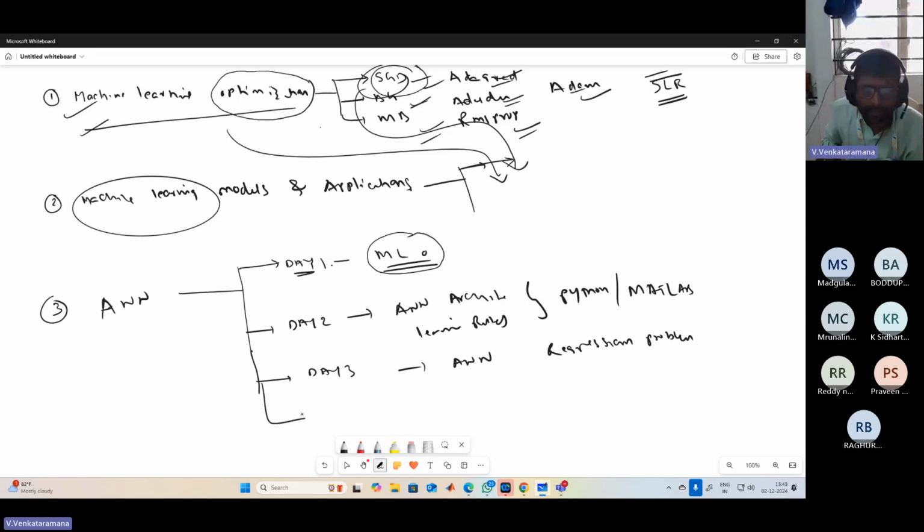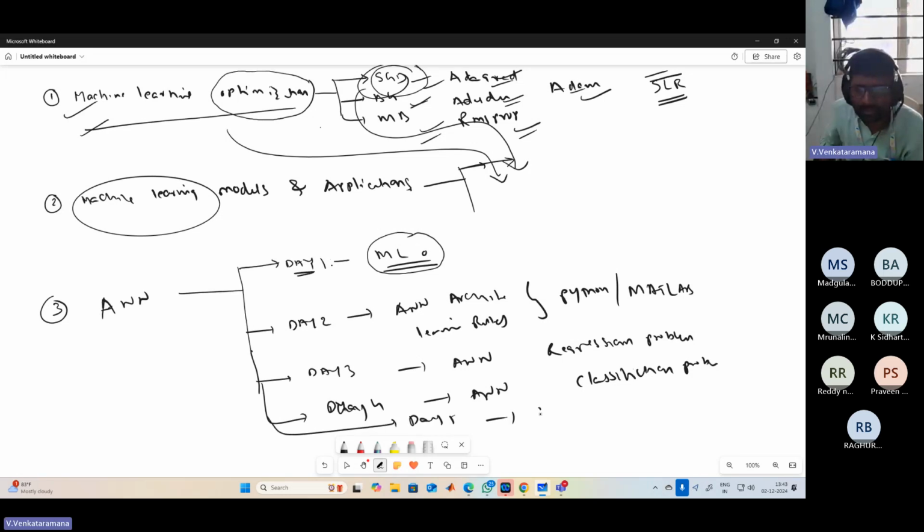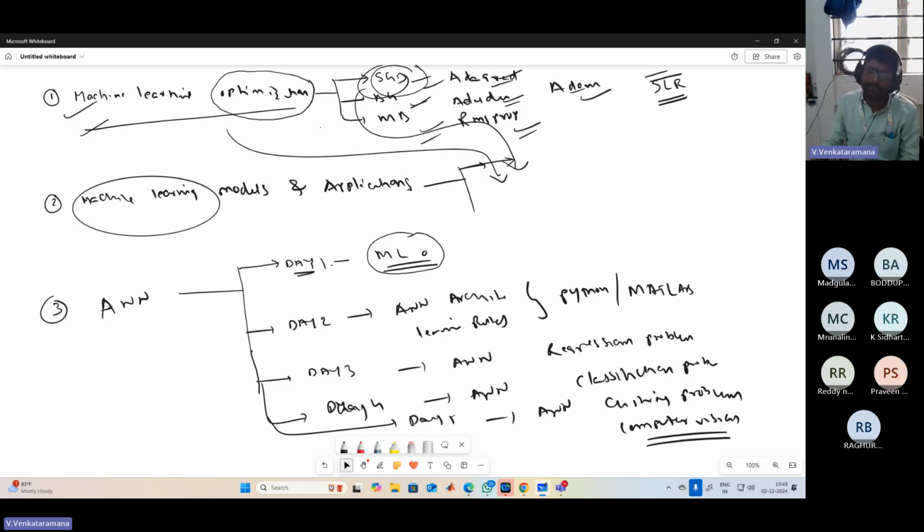On day 4, we concentrate on how ANN is useful for classification problems. And on day 5, we focus on how ANN is useful for clustering problems and also computer vision problems. So this is the actual flow for this 5-day FDP.